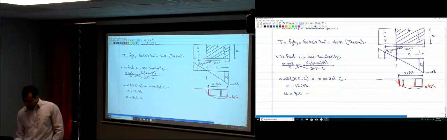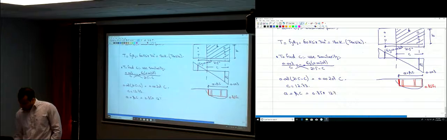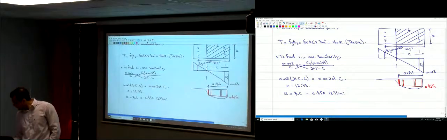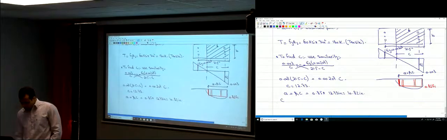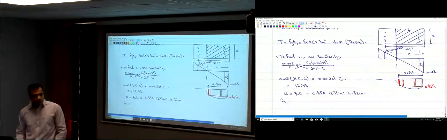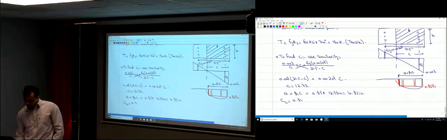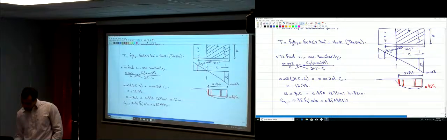How much is a? Beta 1 c, so it's 0.85 times 12.73 inches. So a is 10.82 inches. So how much is C, the compression force in the concrete? 0.85 f'c ab. 0.85 f'c is 4 ksi. a, I just calculated, it's 10.82 inches, times b, the width of the column.